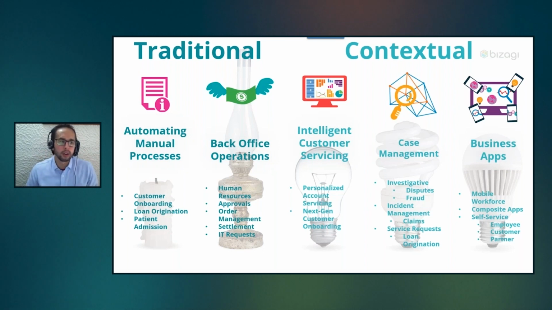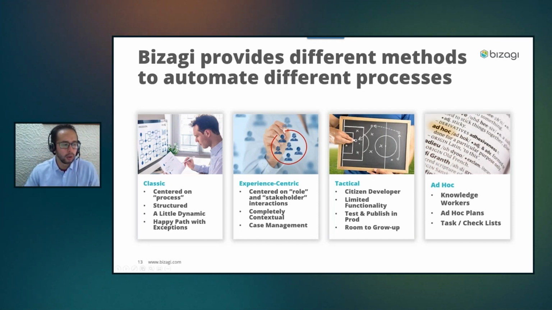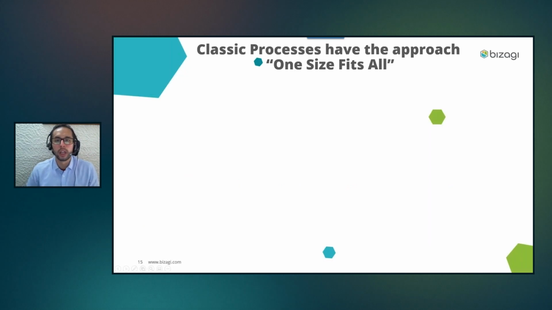Something important about all of this is the way our traditional processes, the ones that we call classical processes, work. These are structured processes that always follow A, B, C, D, and always are going to be like that. They follow an approach that we call one size fits all.